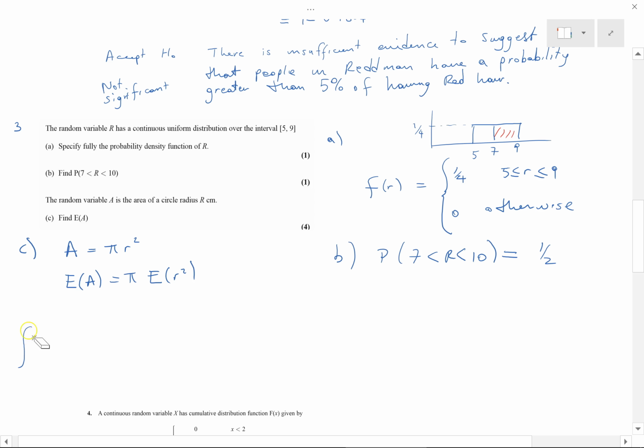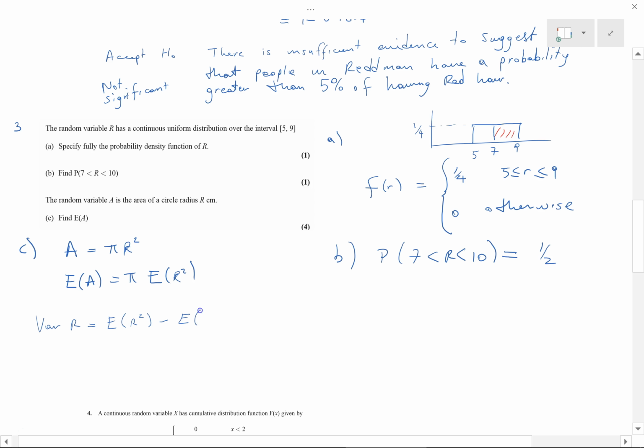But I'm going to do it using a very handy fact about variance, because we know the variance of R equals E(R squared) minus (E(R)) squared. Let's be consistent with my R's here.